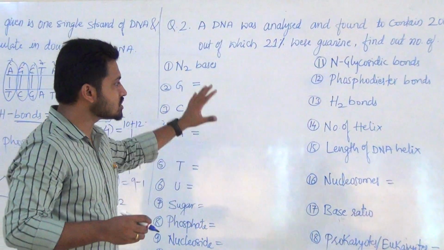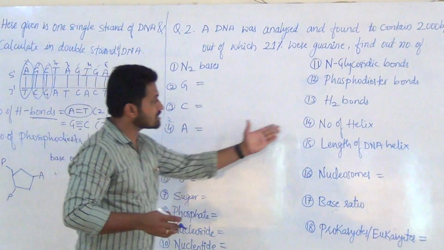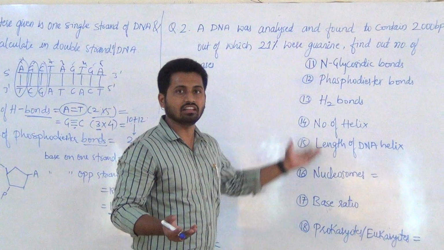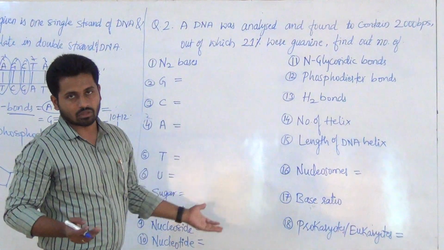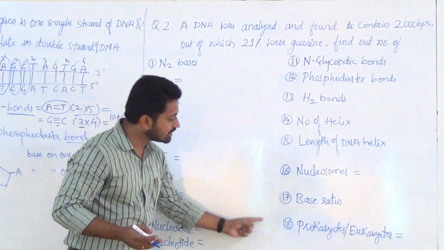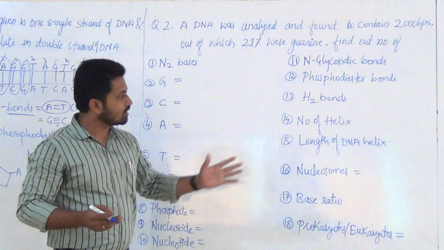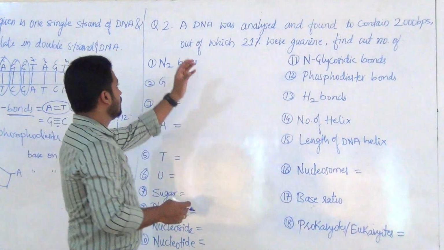Not all the questions are asked at a time. They may ask this one, they may ask this one, like that. Anything they may ask, but the question may come like these types only. So first read the question. From the one question only we are solving the 18 questions, and any type of question may be formed in the exam.